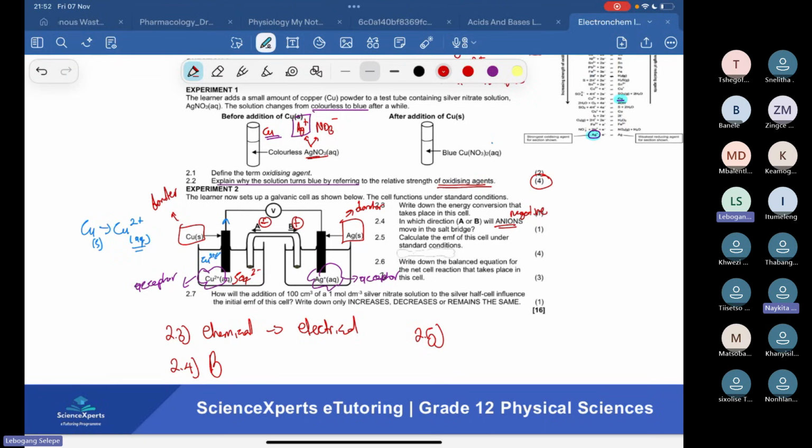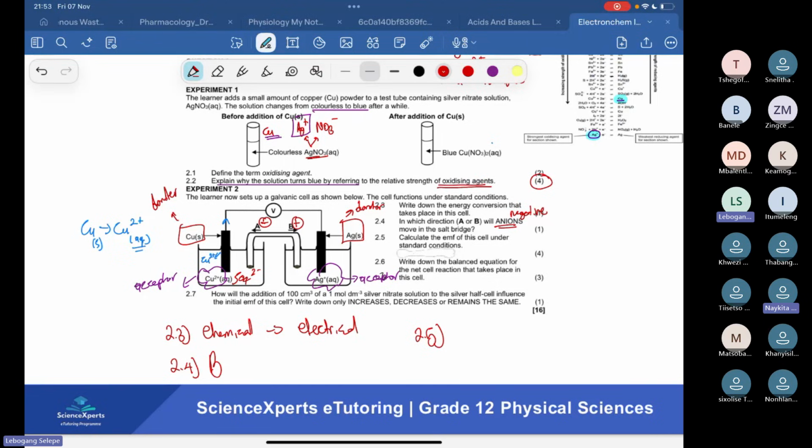One thing that we were told about looking at the table is that the thing that's on top will always undergo oxidation, and the one underneath always reduction. And electrons flow from anode to cathode.